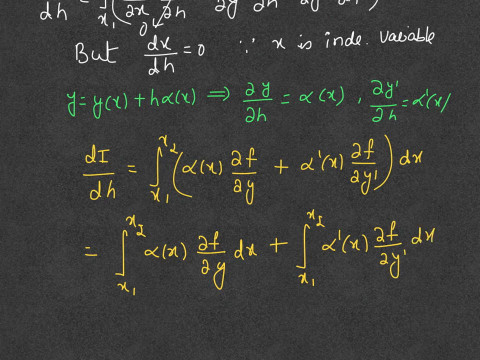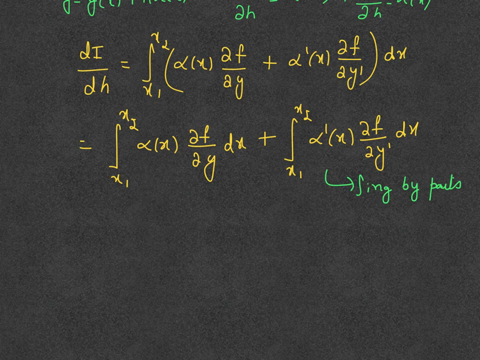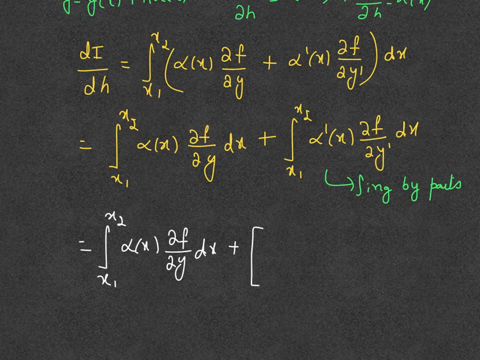Next, we keep the first term as it is. We integrate the second term by parts. Keeping the first term as it is, that is alpha x into dou f by dou y dx, we integrate the second part by parts, taking dou f by dou y dash as the first function and alpha dash as the second function.